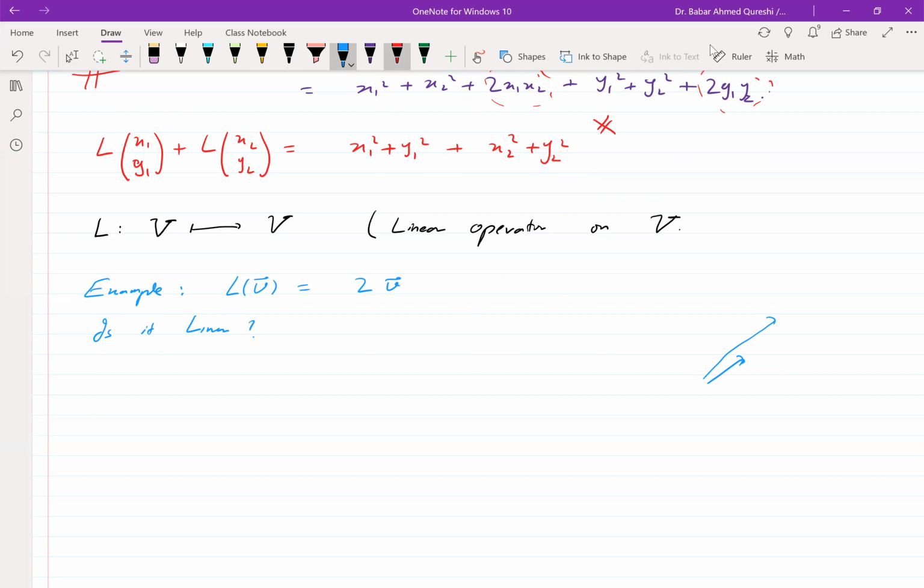We can easily check. If I take two vectors and make an arbitrary linear combination, it should split. Now I just apply the formula. It says multiply this vector by 2. But I know the rules of scalar multiplication: it splits over the sum of the vectors.